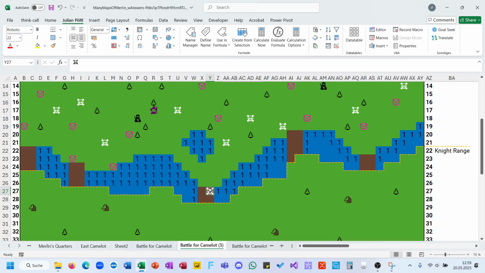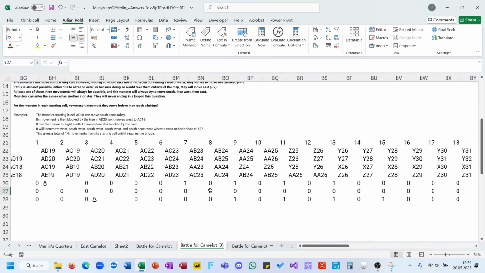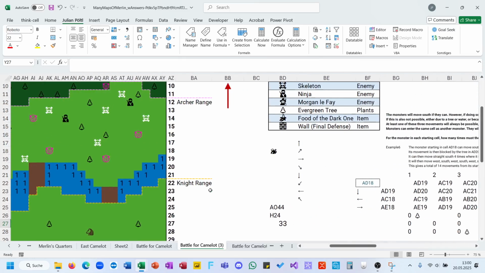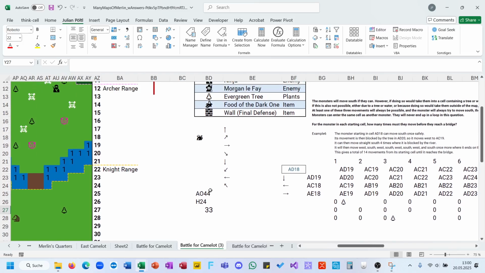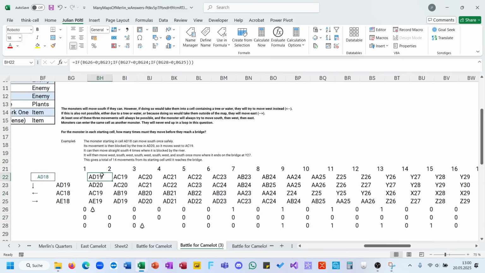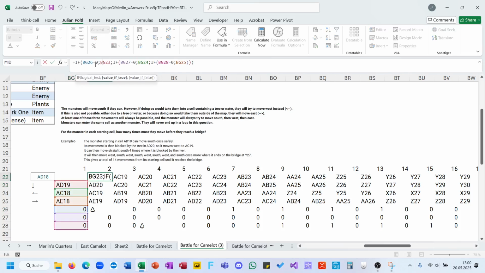But this is also bridge, so I can get rid of this monster. Everything else. Oh, only if there is a tree or water. Okay. If or, okay, so I need to adjust this.